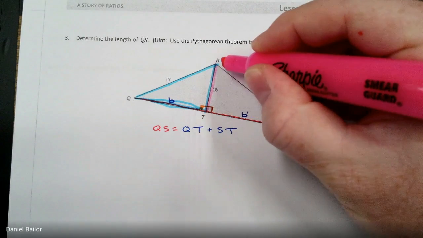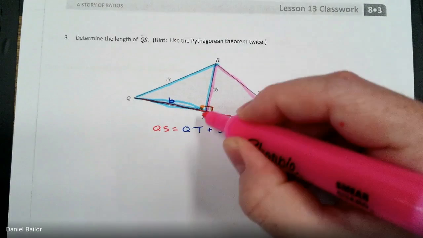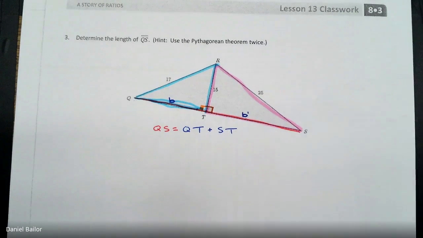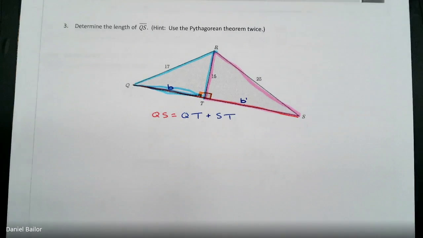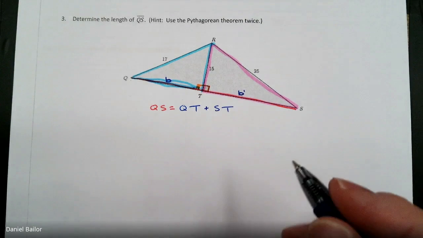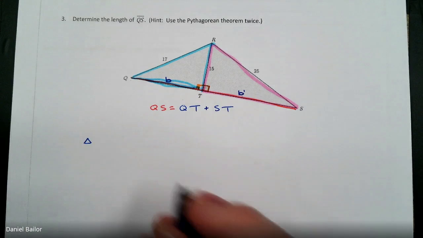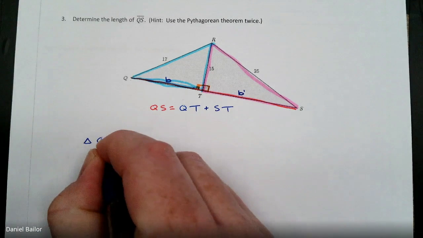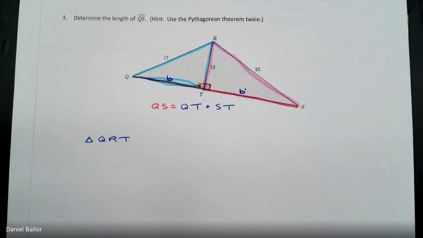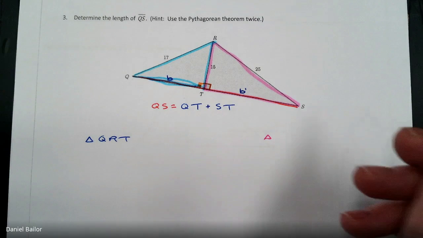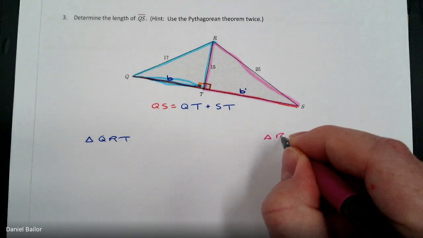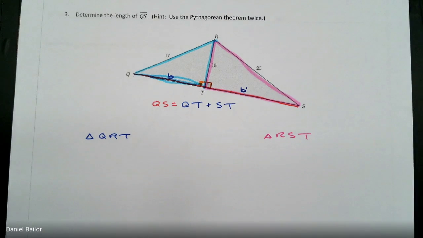So you can see that we need to find the blue and the pink triangles and put the bases together. So we have the blue triangle, which is triangle QRT, and we have the pink triangle, which is triangle RST. So we have two triangles, so we need two Pythagorean theorems.